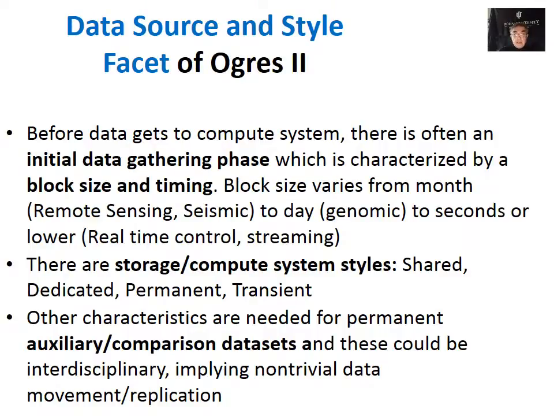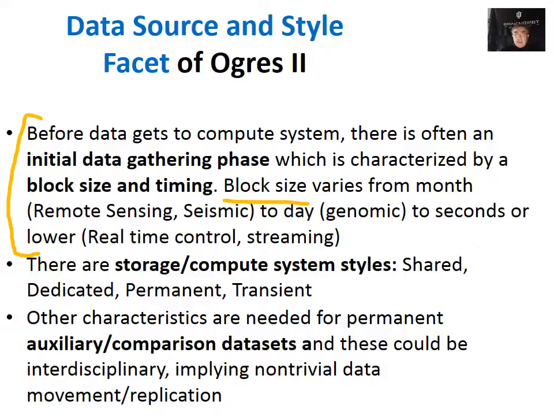The next set of data source and styles highlights other aspects. The first aspect here is what we pointed out was critical for a lot of scientific data, that we needed to do things in batches. And that batches block the data, and you did not stream individual tweets, as you at least in the simplest model do for Twitter, but rather you sat there gathering data for a month and then brought a month's worth of data and added it.